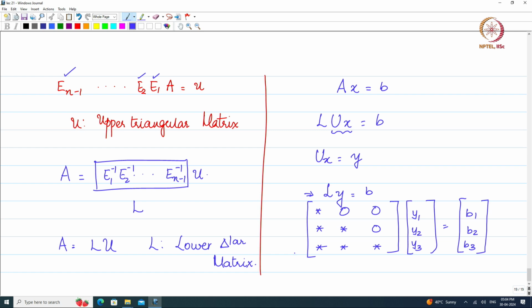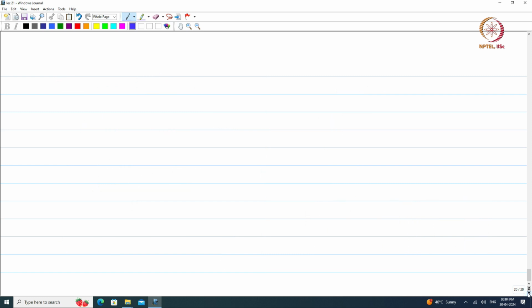Now, once this is done, we know the values of y1, y2, y3. What are we going to do? We know that Ux is equal to y. This is going to be of the form, let us say, u11, u12, u13, 0, u22, u23, 0, 0, u33, and what is that?